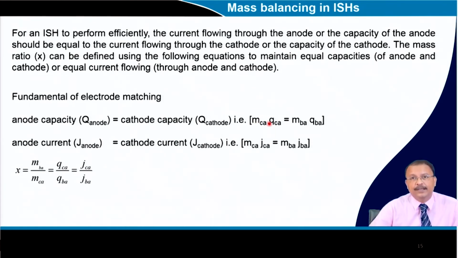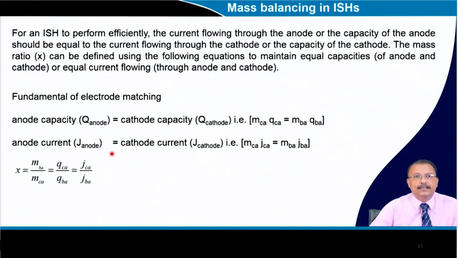If you multiply these two, you get the total charge, and this total charge will be equal to the battery mass and the corresponding specific capacity of the battery material. So, this should be equal for anode and cathode.